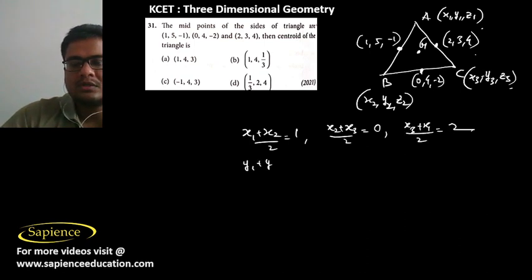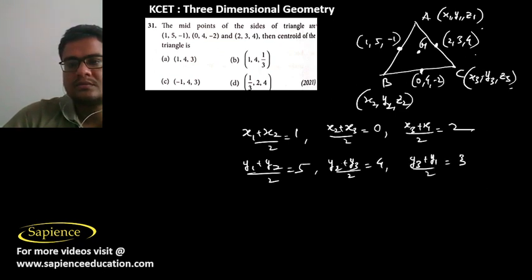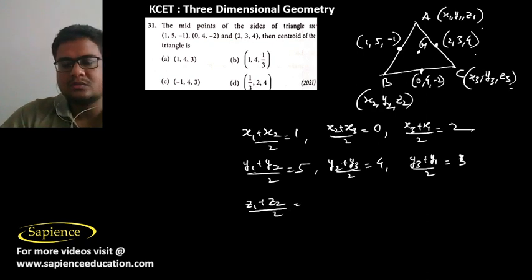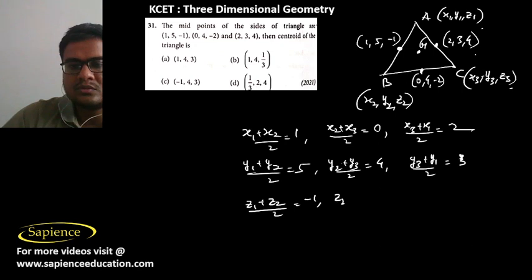Similarly, y1 plus y2 by 2 is equal to 5, y2 plus y3 by 2 is equal to 4, and y3 plus y1 by 2 is equal to 3. And similarly, z1 plus z2 by 2 is equal to minus 1, z2 plus z3 by 2 is equal to minus 2, and z3 plus z1 by 2 is equal to 4.